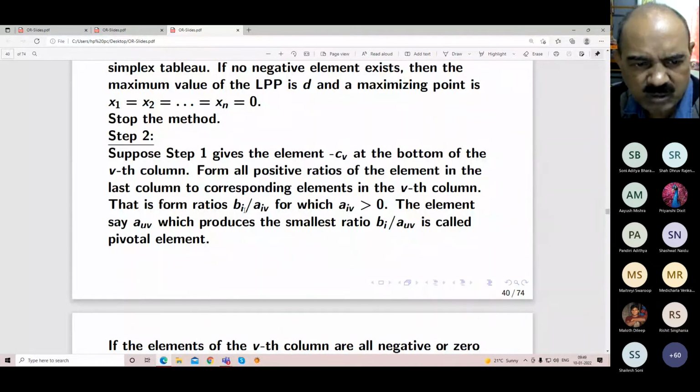That is, form the ratio Bi divided by Aib, for which Aib is positive. The element Aub, which produces the smallest ratio Bi divided by Aub, is called the key element or pivotal element.